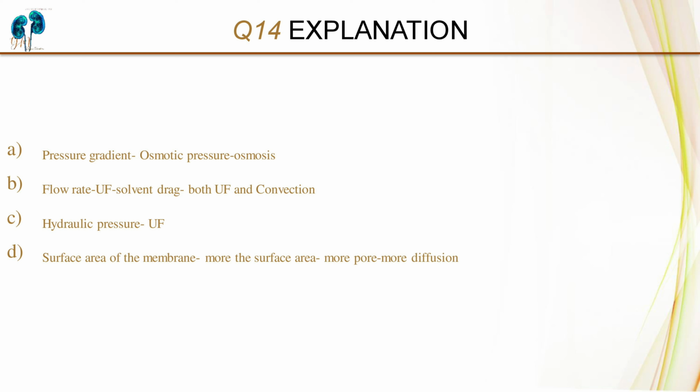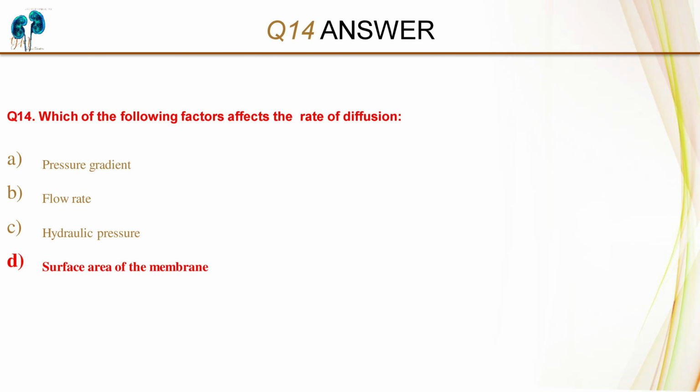Flow rate relates to ultrafiltration, solvent drag, which we see in both ultrafiltration and convection. Hydraulic pressure is ultrafiltration, from high hydraulic pressure to lower hydraulic pressure. Surface area of a membrane is a factor affecting diffusion: the more surface area, the more pores, the more diffusion. So the answer for the 14th question is option D, surface area of the membrane.